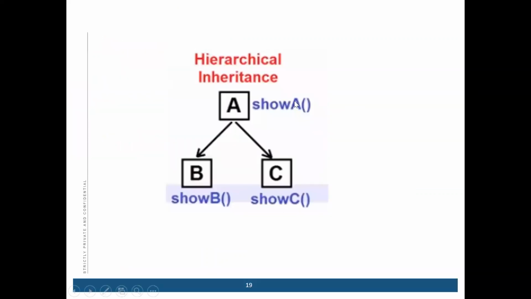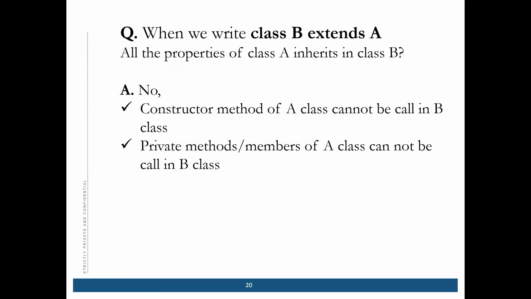So this is also clear. Now one more point which I wanted to tell you is, when we write class B extends A, that means A is the parent class and B is the child class. All the properties of class A are inherited by class B, except one. If some question asks whether all the properties of A are inherited in class B, we will say no, the constructor method of A class cannot be called in B class.